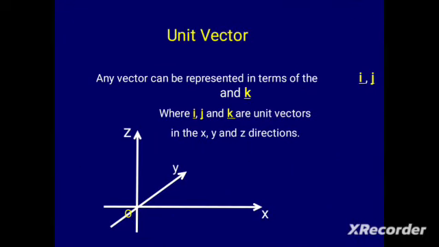So let's now start with the unit vector in the 3D concept. Any vector can be represented in terms of i, j, and k, where i, j, and k are unit vectors in the x, y, and z directions.